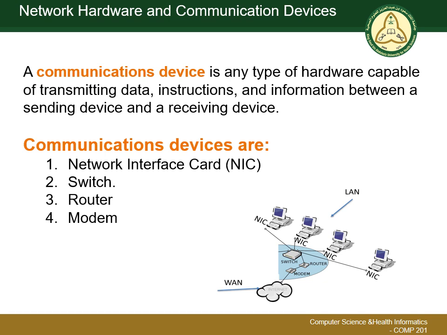We have the NIC card, which exists in every computer that needs to be added to the network. Then we have a switch to make a local area network. We have to have a router to connect different local area networks. Also, we need a modem if we are trying to connect to the outside world.